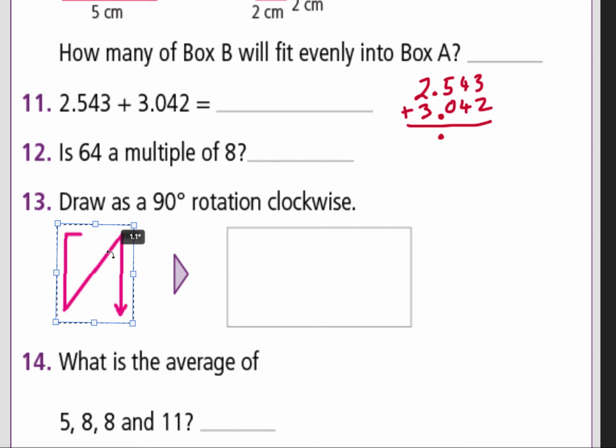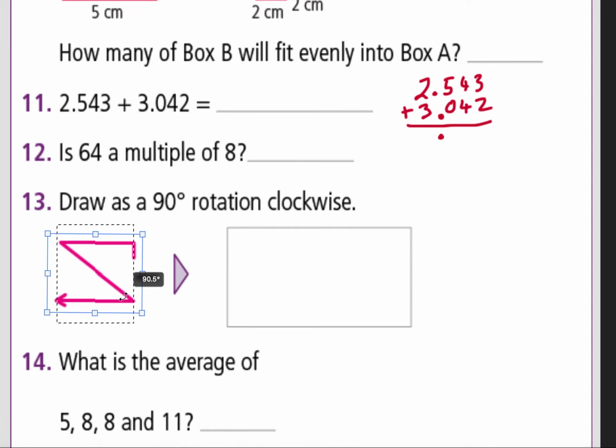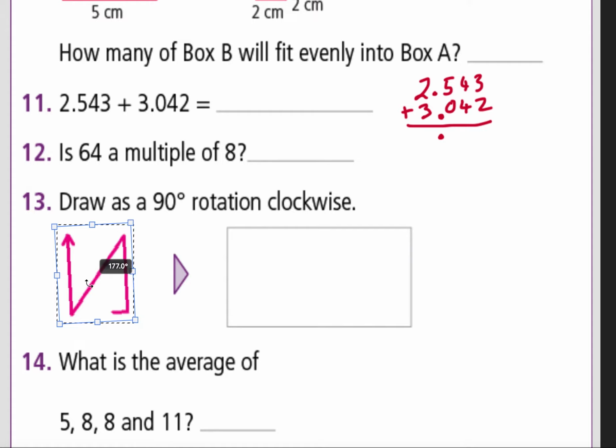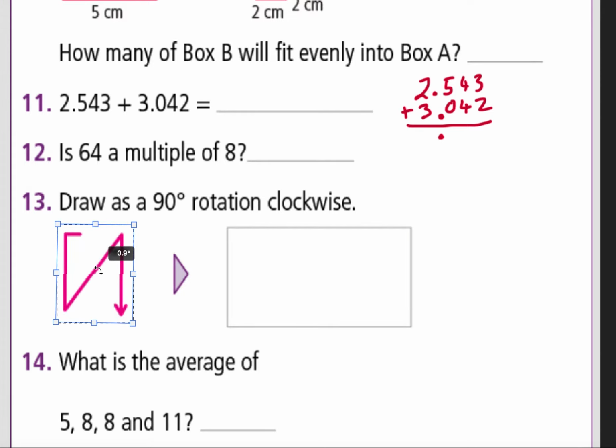To rotate it 90 degrees clockwise, we turn it like that. If we were going 180 degrees, we'd go another 90 and it would be upside down. And another 90 degrees would bring it to 270, and another 90 brings you to 360, which is a full circle, and you're back to where you started. Okay, so you can rewind the video there if you need to have another look at that one.